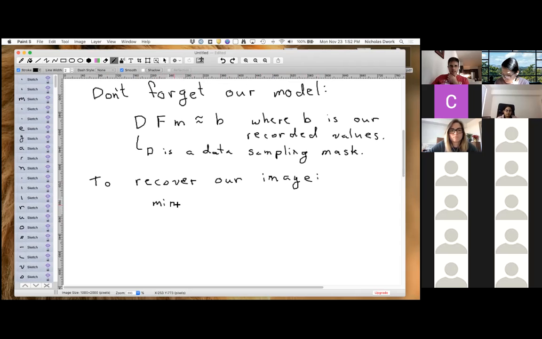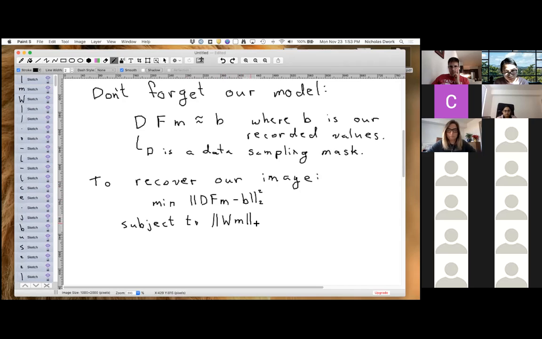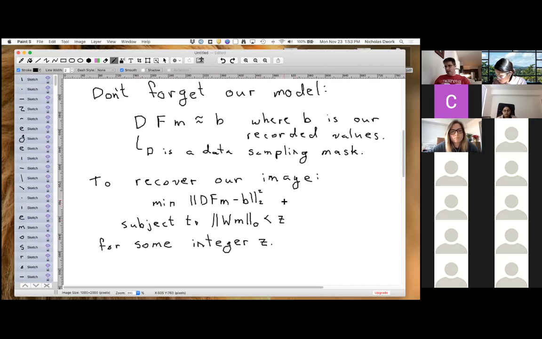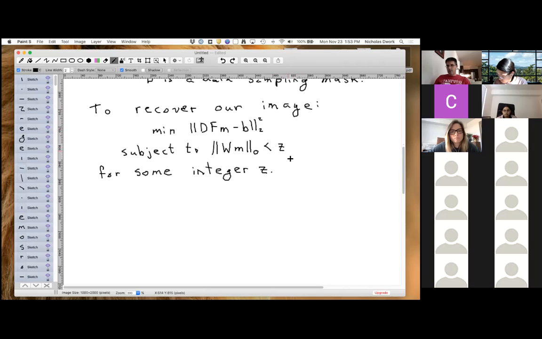We're going to minimize the norm of DFM minus B, squared, subject to the L0 penalty of the wavelet transform of M being less than some integer Z. Okay? So we're only going to give ourselves Z wavelet coefficients.